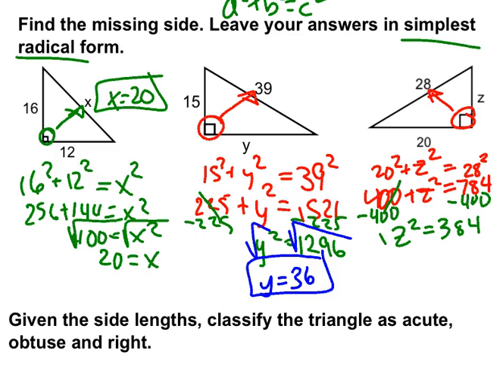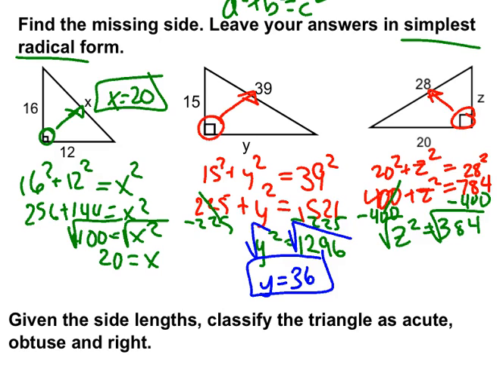Now let's try taking the square root of both sides. Let's see what happens. It doesn't come out to be an integer, it's about 19.595. And so, if this is a multiple choice question, you could just start going through your multiple choice answers and typing in the radical answers that you see to try and get 19.59, but you should be able to pull some values out of this.